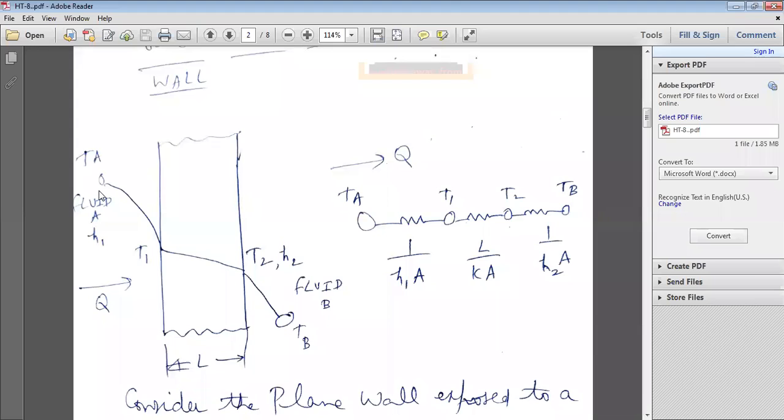Once the temperature drops from TA to T1, next the heat is transferred within the solid material through conduction. So the temperature drops from T1 to T2, and then again from T2 to TB.